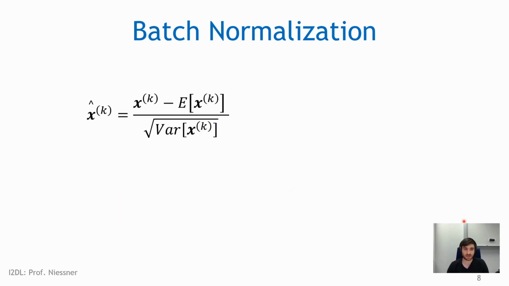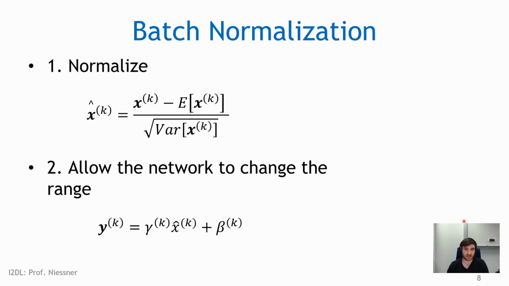So the idea is that we first try to normalize by the mean and the variance. And in the second step, we allow the network to change the range of the influences here.